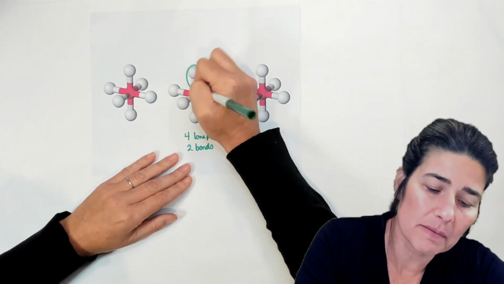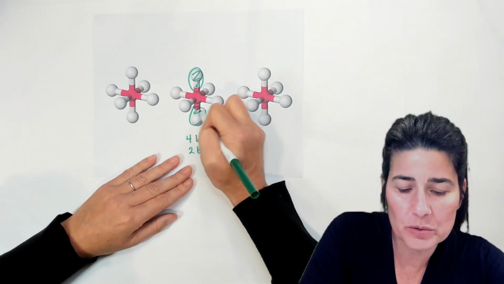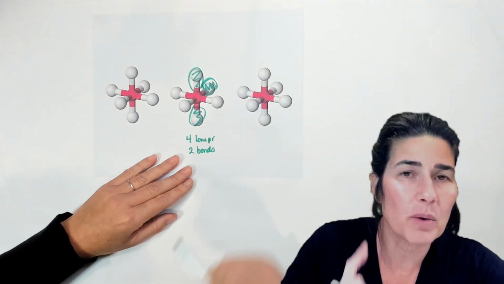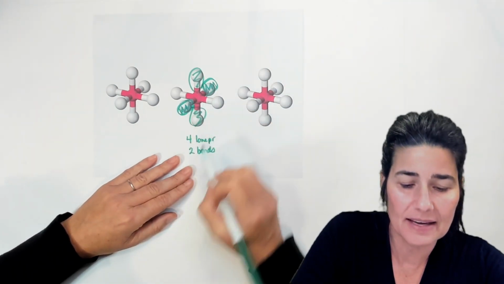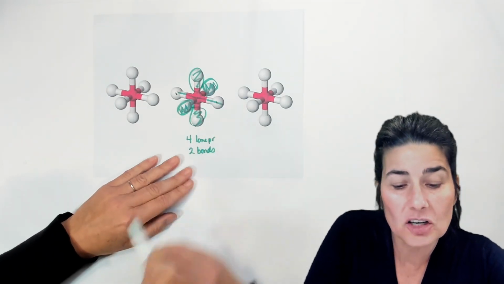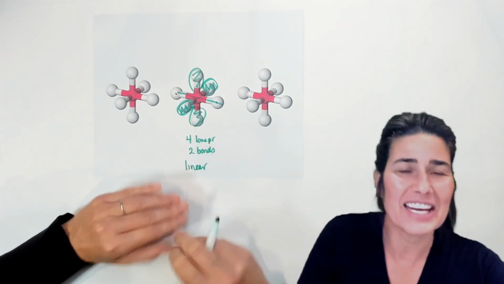So I'm going to ghost out my top. Second ghost, second lone pair goes on the bottom. Third lone pair, I'm going to put it here, but where does the 4th go? Opposite it. 4th one goes opposite. That leaves 1, 2, 3 atoms that are all in a line, and therefore we call it linear.